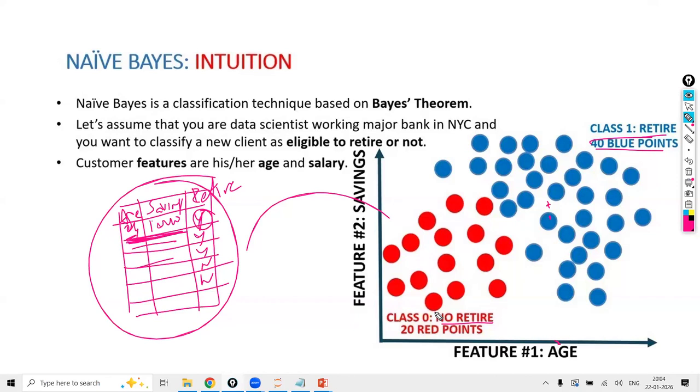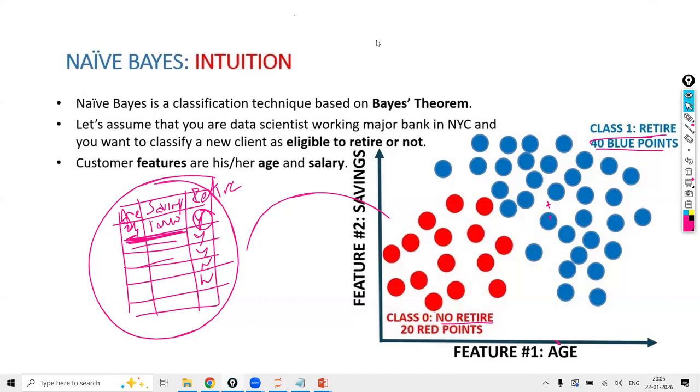Understood, guys? Everyone? Right? So here we have the data points in this way. Just I'm representing the data points here.